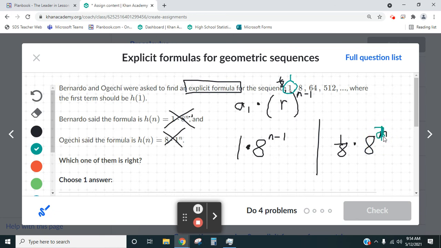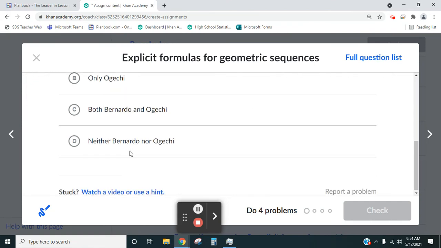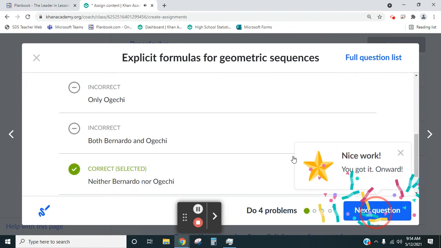What's 8 squared? 64. 64 times an 8th is 8. What happens when I plug in 3? 512 divided by 8. What is it? 64. That's another way you could check also. You could just plug in those numbers. So who's right here? Neither one. Let's do one more of these and we'll be done.